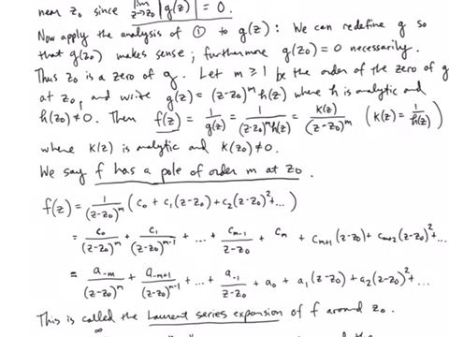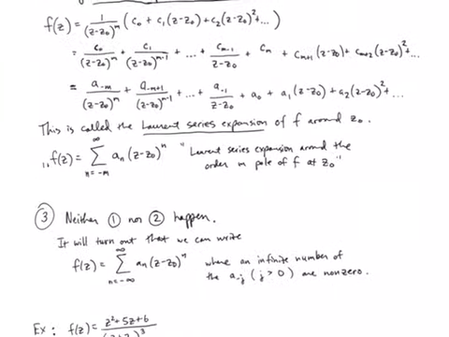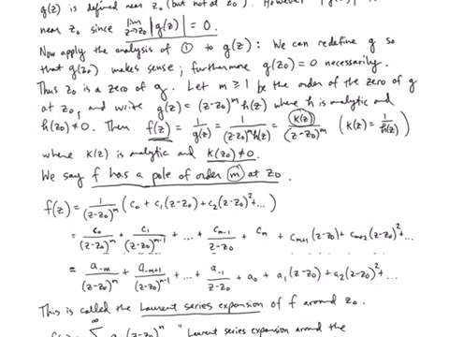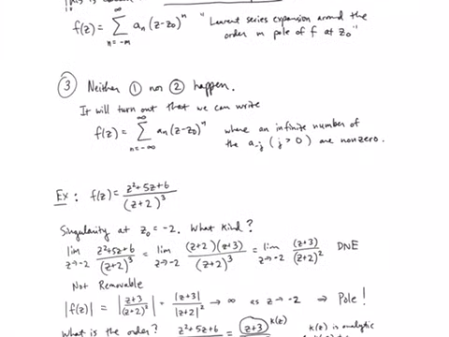So when you have a pole of order m at a singular point, you can write your f of z as an analytic function which doesn't vanish at that point, divided by z minus z naught to the m. And the not vanishing at the point, that's a crucial thing.